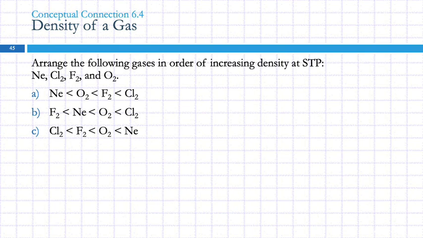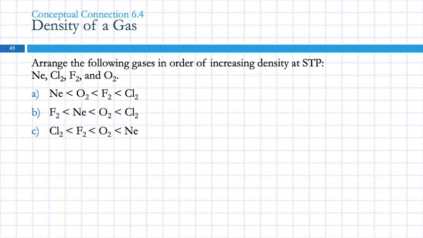Arrange the following gases in order of increasing density at STP. We're looking at neon, chlorine, fluorine, and oxygen. So density is mass divided by volume. If we had like 1 mole of each of these gases, they would occupy the same volume, right?